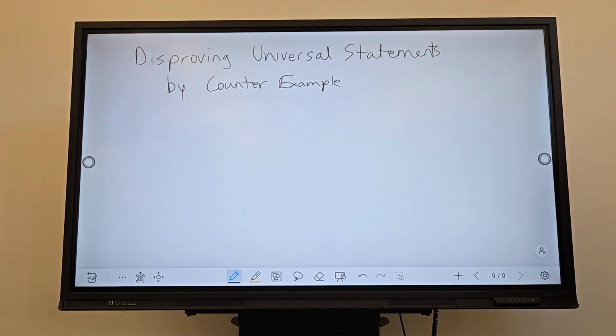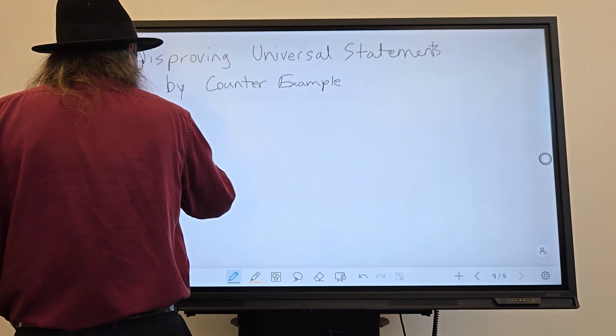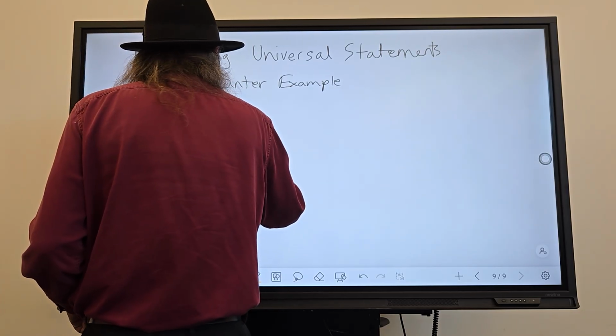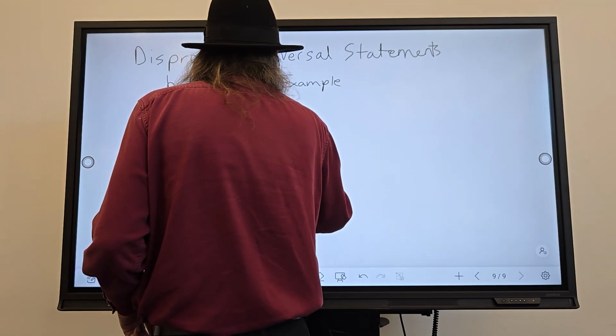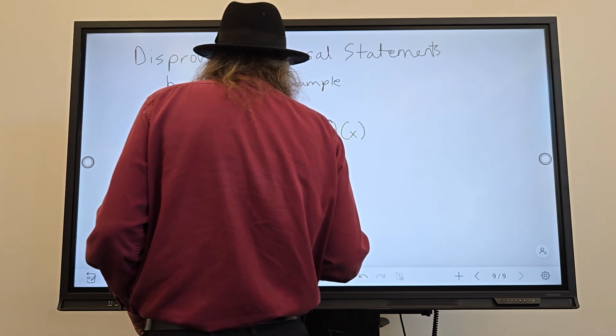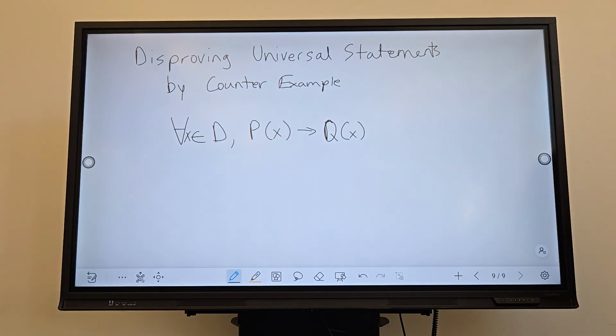To disprove a statement in the form for all x in D, if P of x, then Q of x, find a value of x in D for which the hypothesis P of x is true and the conclusion Q of x is false. Such an x is called a counterexample.